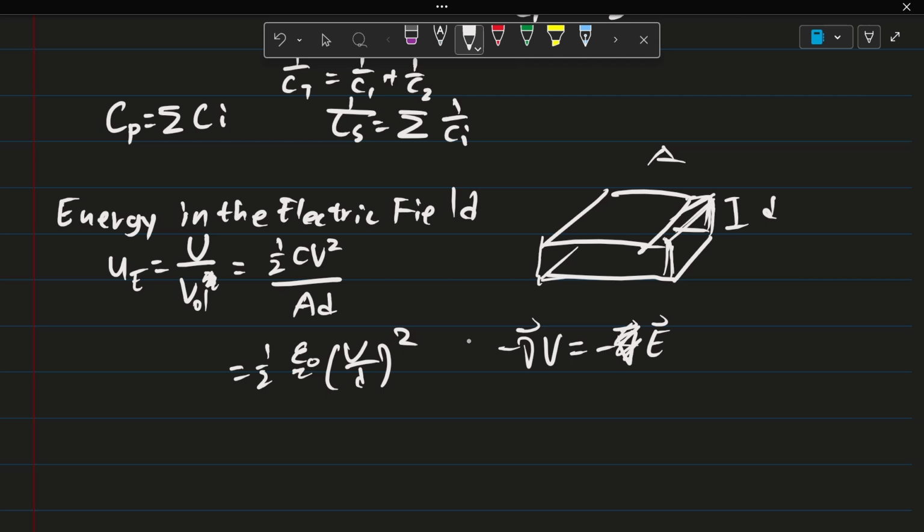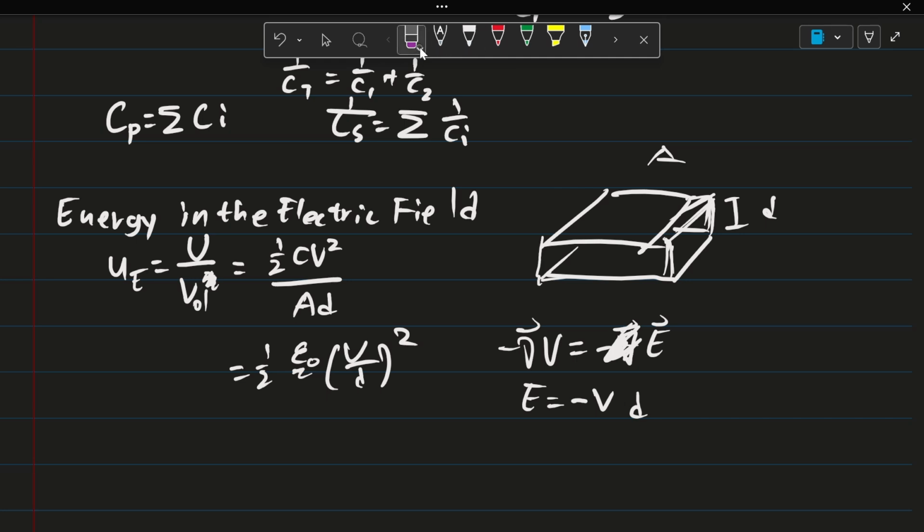And so if you have this constant electric field, it means that the voltage will be negative E times D. Is it? No, sorry.